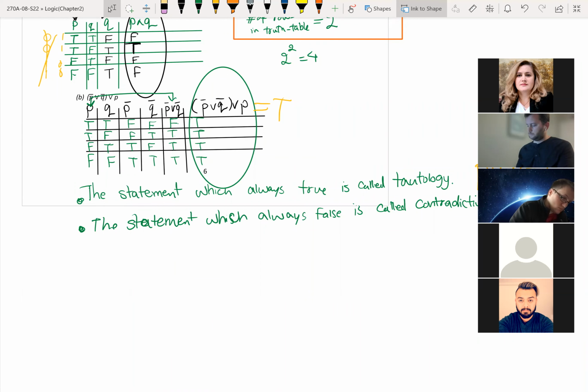So no matter what, if we were to do a true false table, P is always going to be true, true, false, false. Unless you have more statements. Don't forget, this is for two statements.